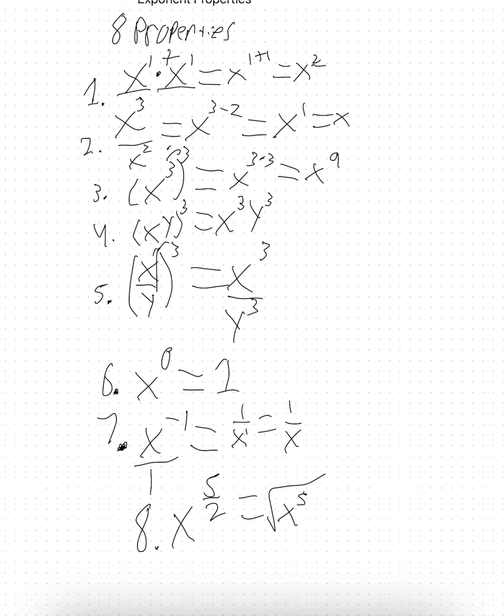So with here, it's always power over root. So the root, the square root, and the 5 is the power. It can also be rewritten as this: the square root of x raised to the 5th, like that. Okay?